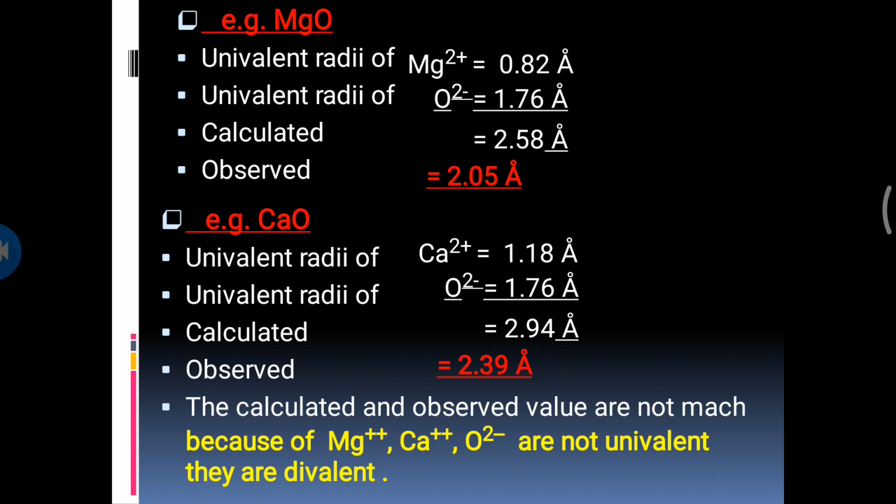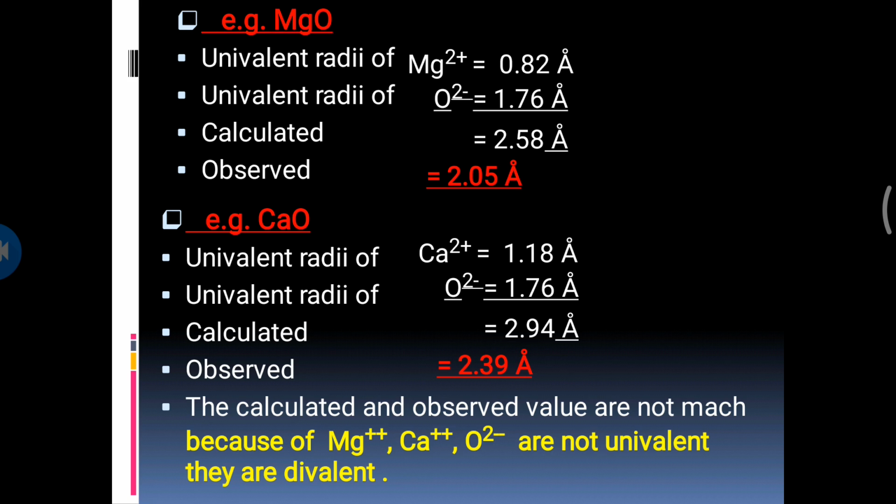Magnesium oxide consists of Mg2 plus and O2 minus. The univalent radii of magnesium 2 plus is 0.82 angstrom. Similarly, the univalent radii of O2 minus is 1.76, and together it gives 2.58 angstrom.